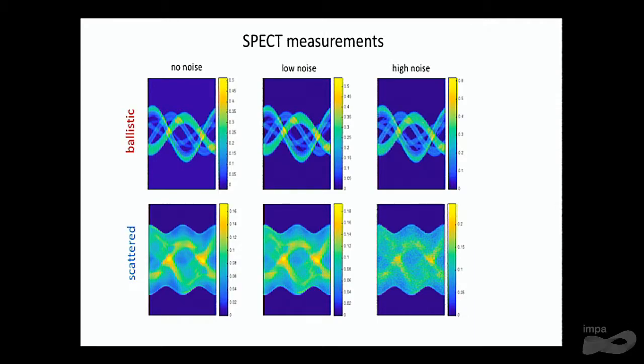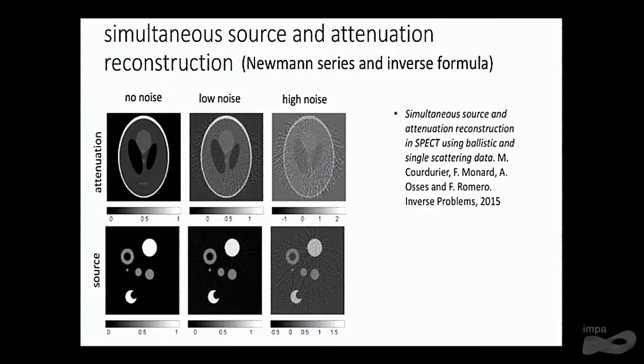And here I have an academic example without real data, but simulated. So we have the ballistic sinograms. These are the sinograms we saw before. So this is the ballistic sinograms, and this is the scattered sinograms. From these sinograms, with noise or without noise, you try to recover the attenuation and the source.